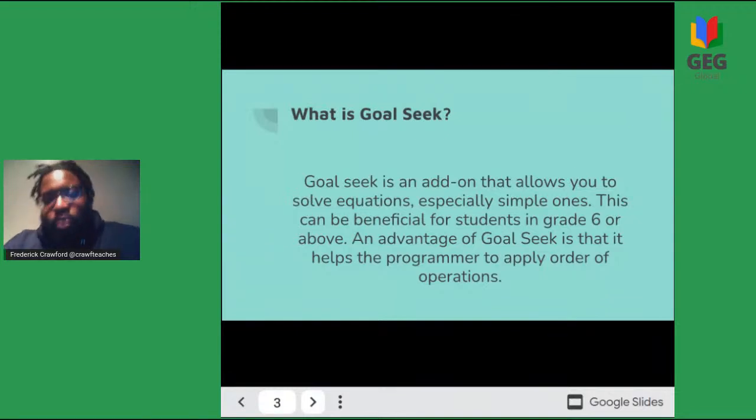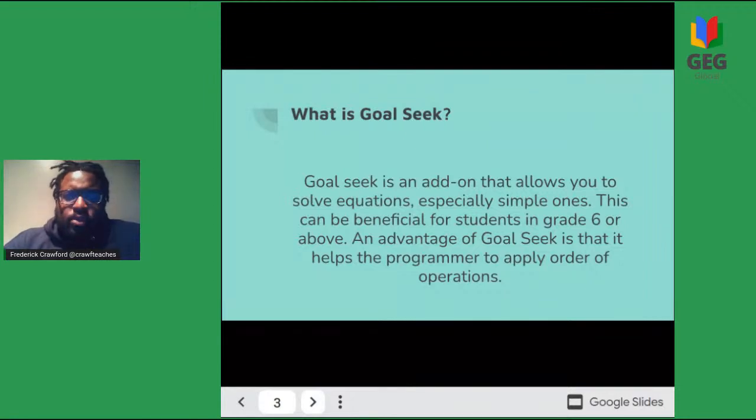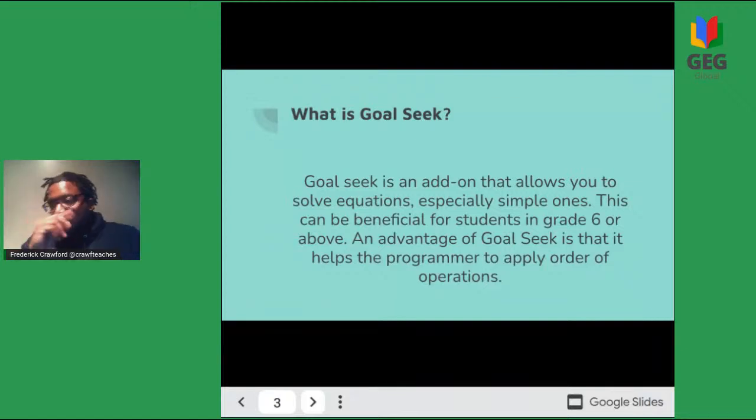Another thing that makes it so amazing is that you can use GoalSeek to prepare yourself if you'd like to become a computer programmer and create software. Creating software will allow you to make games, even the next Google, make websites and everything just the way you want them to be made.